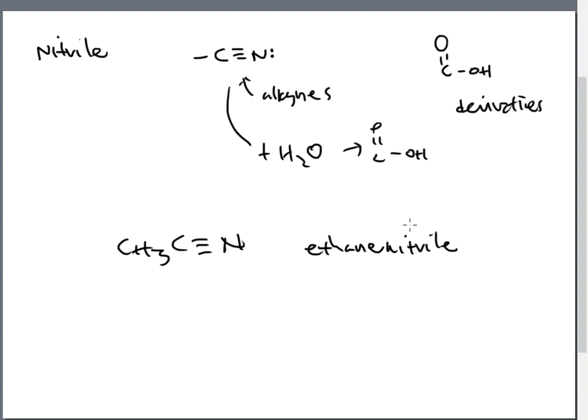So this molecule is called ethane nitrile. Notice I did not drop the E, because then there would be 2 N's together, and how on earth would you say something like that? It looks weird again on a sheet of paper. So we keep the E in the IUPAC nomenclature system, and we just add the word nitrile onto the end of this thing, and that's it. That's all that we got to do.